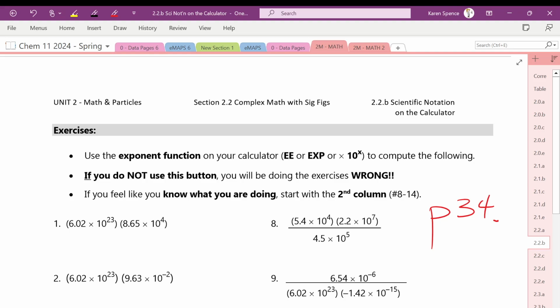First of all, let's just start with this one because you lost your times 10. And how many significant figures do we need?